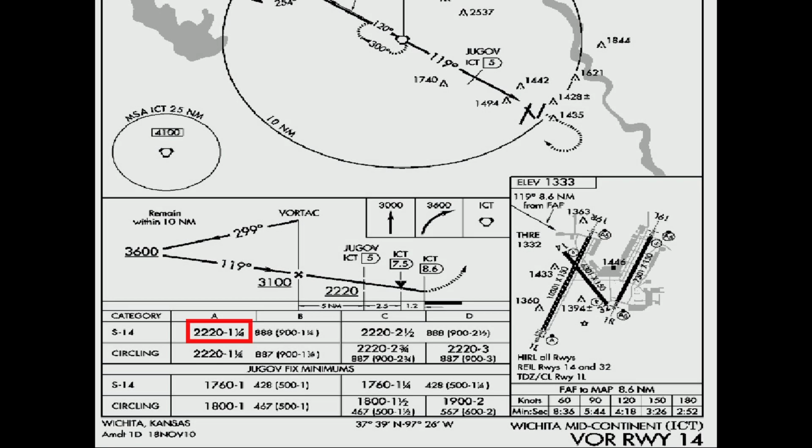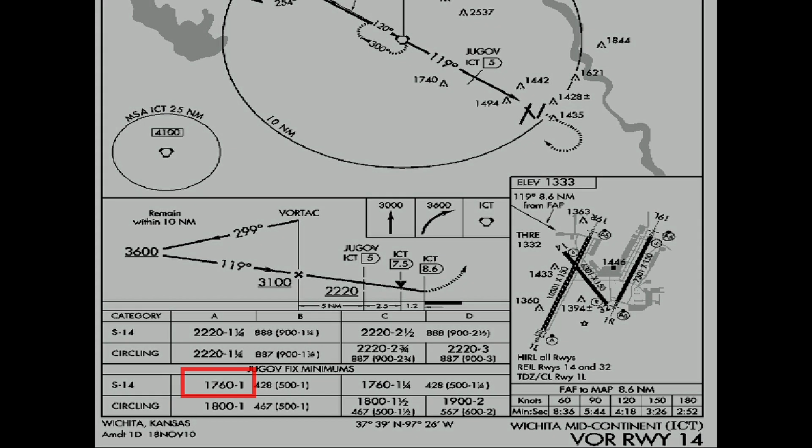You can see here that 2220 is the minimum descent altitude. But if we can make a positive navigational identification of Yukov, our minimum descent altitude is lowered to 1760 feet.